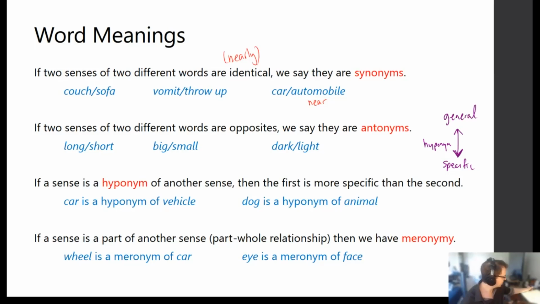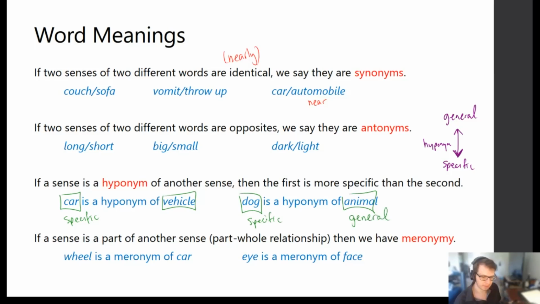So for instance, car is a specific example of a vehicle. So car is a hyponym of vehicle. Dog is a specific example of an animal. So animal is general, dog is specific. So we say dog is a hyponym of animal.